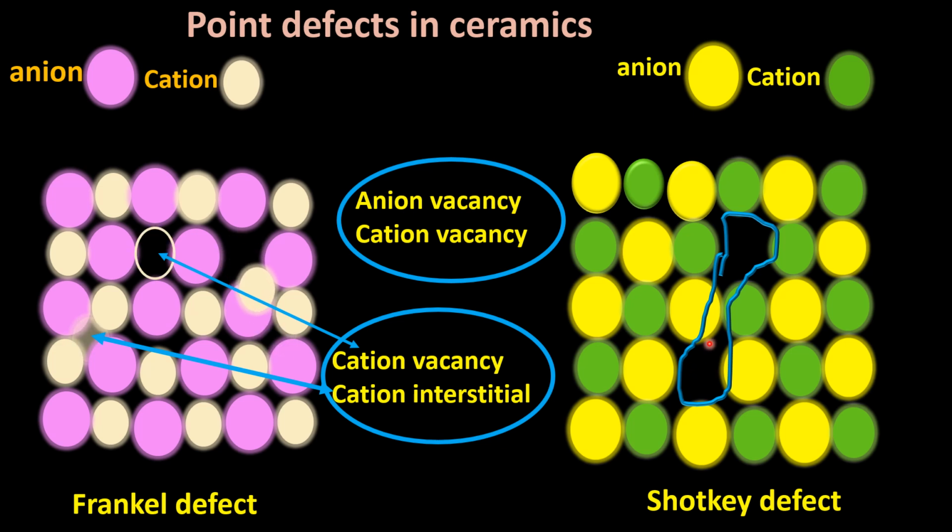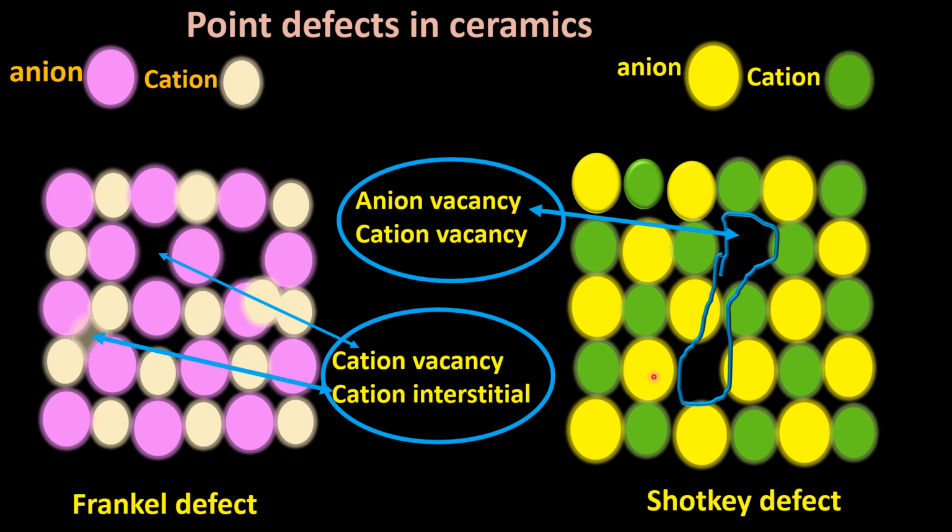The cation is also missing, so there is a cation vacancy. So when there is an anion vacancy, there are cation vacancies. So these defects occur in the form of pairs.